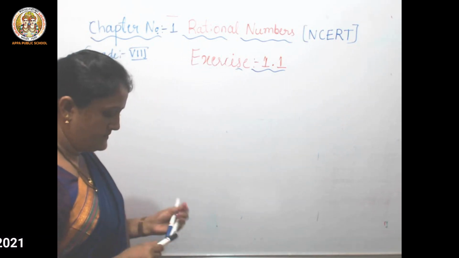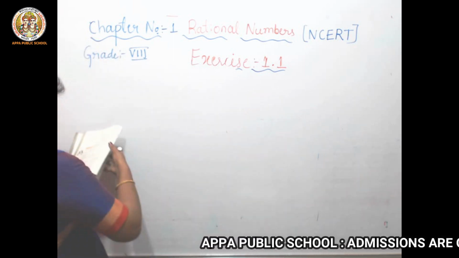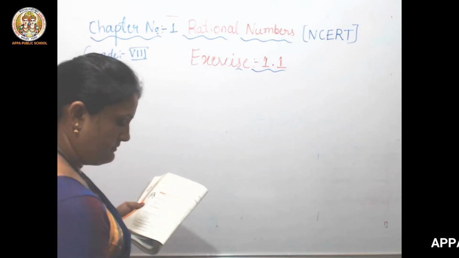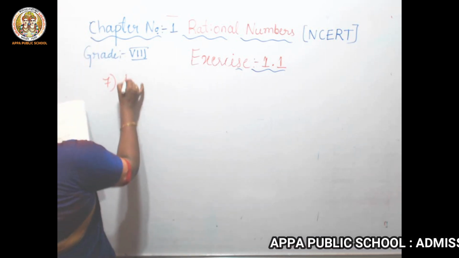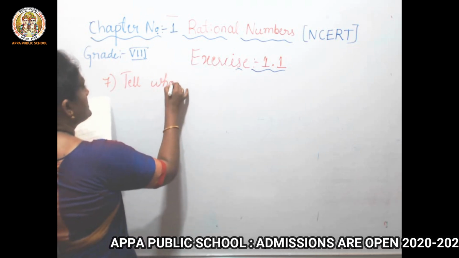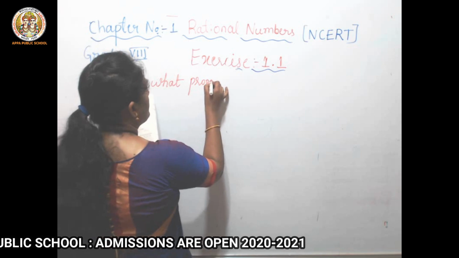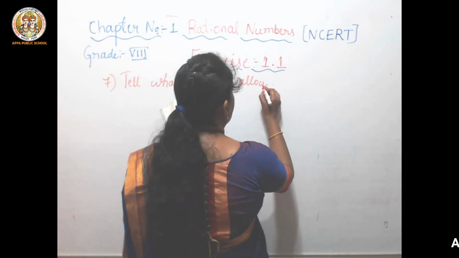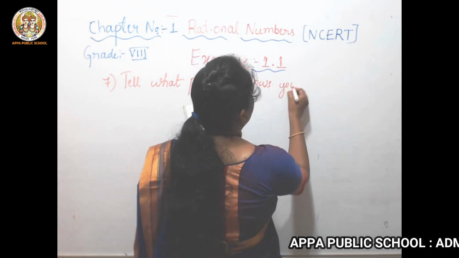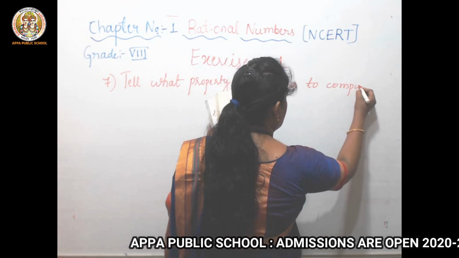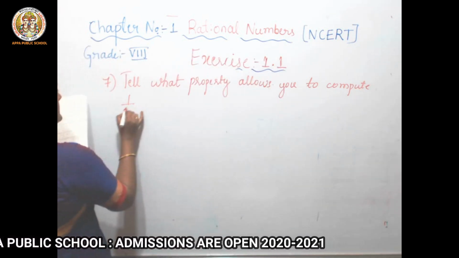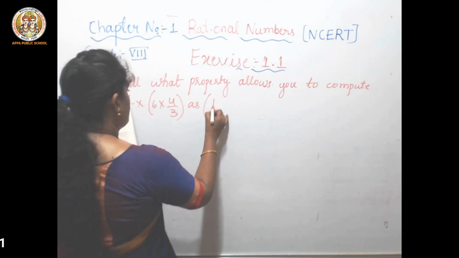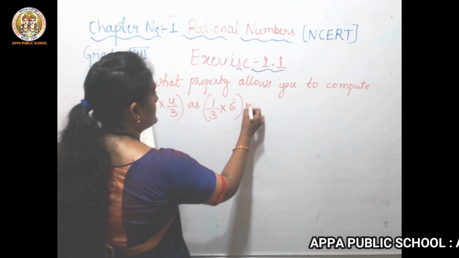Question number 7. Tell what property allows you to compute 1 by 3 into 6 into 4 by 3 as 1 by 3 into 6 into 4 by 3.